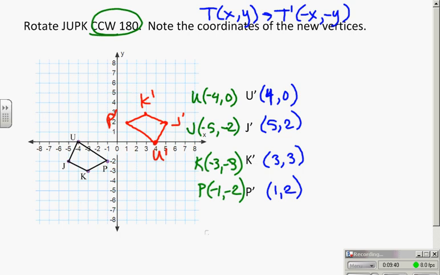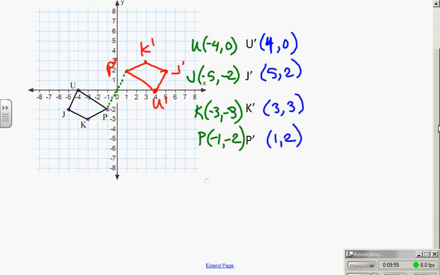So my figure is the same size. It's just spun. For just my own quick reference, if I check between P and P prime, that is a straight line, 180 degrees. Now before I switch, I want to quick look at the orientation of these two.